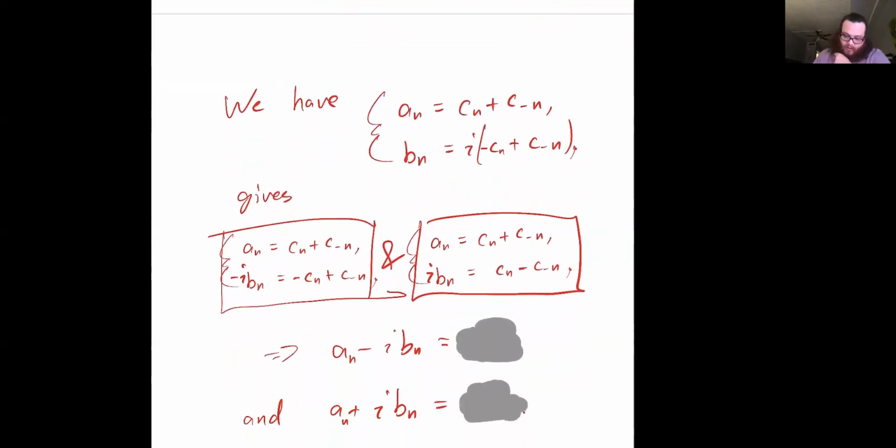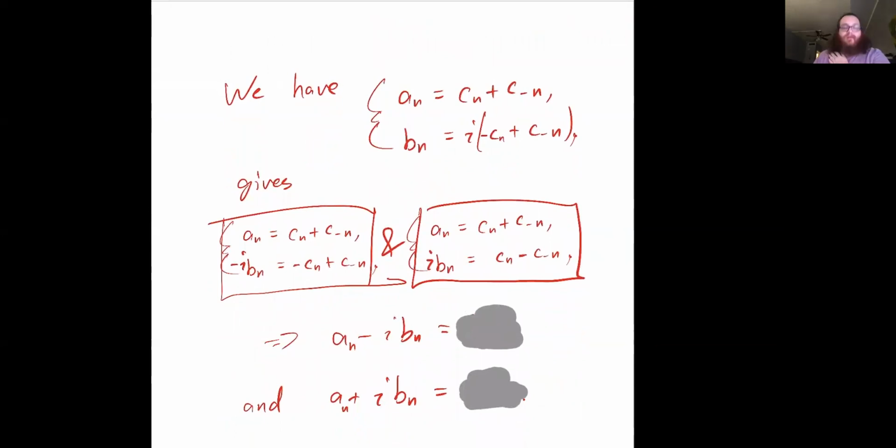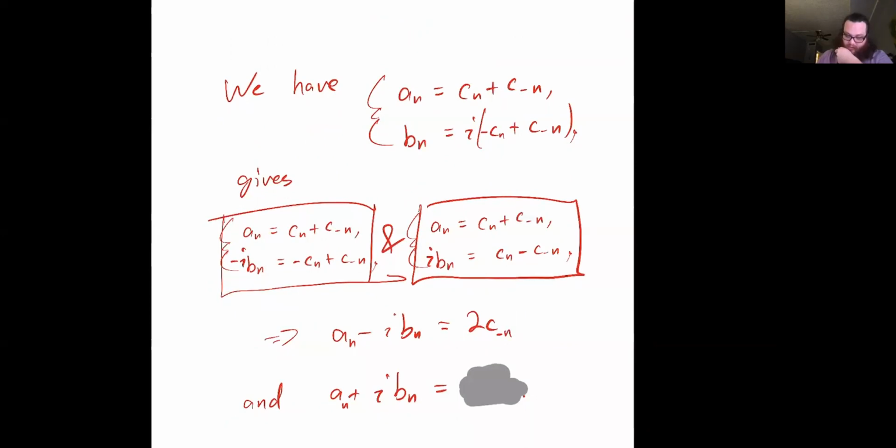Okay, so using these two, what we're going to do is add these together. When we add these, they are going to cancel, and we're going to be left with twice C sub minus n. Likewise down here, add these together, these are going to cancel, and we're going to be left with twice C sub n.